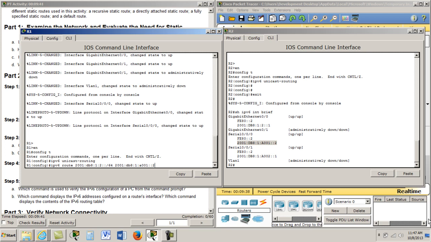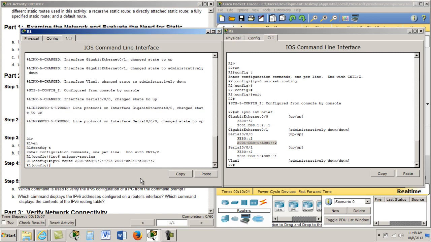Now that is an actual IP version 6 fully qualified IP address. Recall with IP version 6 we can replace successive zeros with the double colon sign.